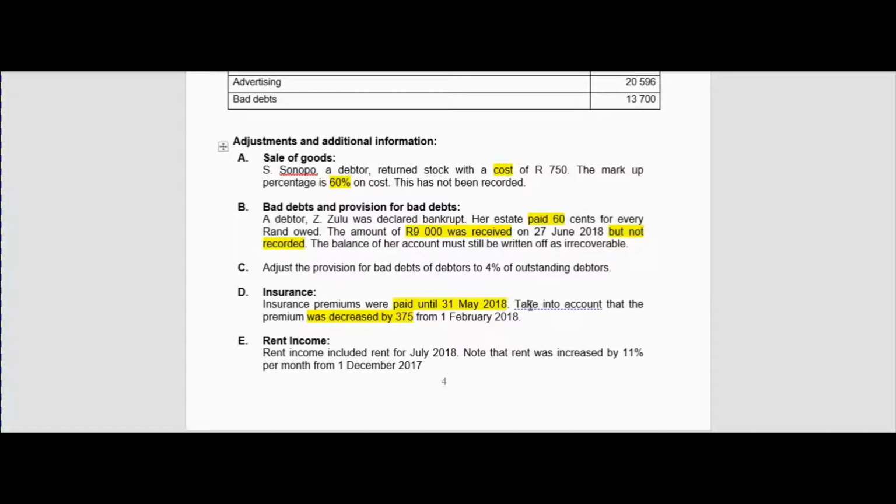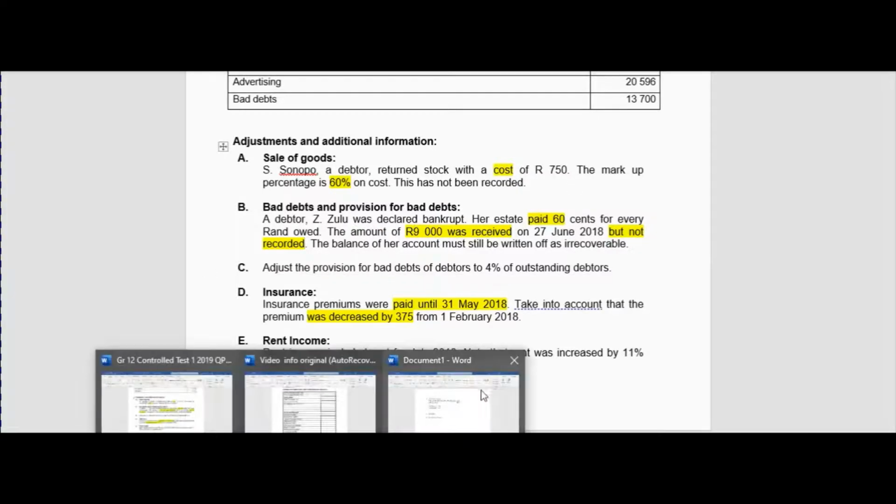So let's put in whatever we've got and calculate what must be written off. Okay, so the bad debts. So we received 9,000, and that equals 60 cents in the rand. So what must be written off?